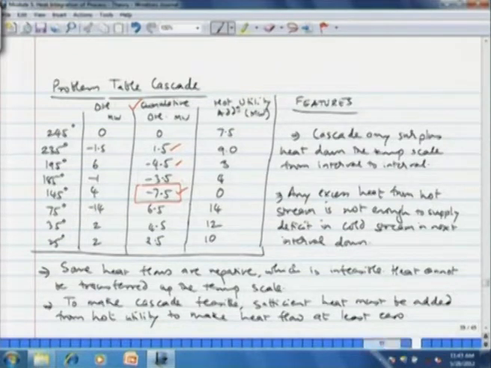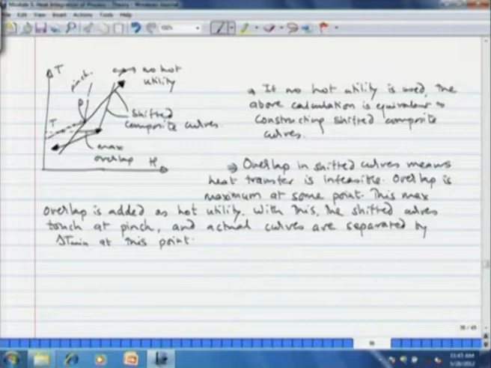So going back to this diagram where we had seen where is the maximum overlap. Overlap in shifted curve means the heat transfer is infeasible. Overlap is maximum at some point, and this maximum overlap is added as hot utility.